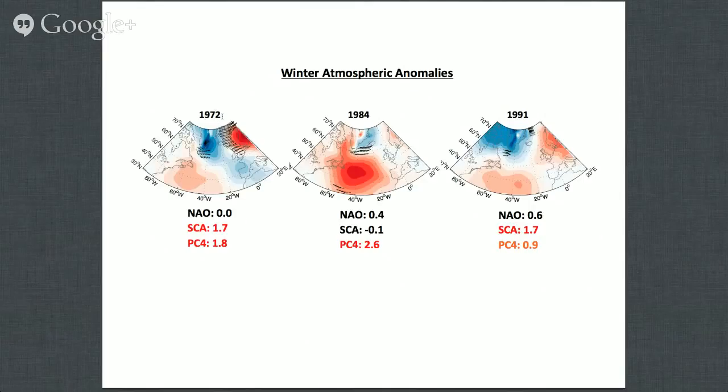For example, in 1972 the NAO was neutral, but the Scandinavian and fourth modes were strong, so you can see the pressure gradient over the Labrador Sea. In 1984, the NAO and the Scandinavian pattern were almost neutral, but the fourth mode was very strong, so with only this fourth mode you can still see the strong pressure gradient, cold air temperature, and heat flux. And 1991 is also a combination of these three, with a stronger contribution from the Scandinavian pattern.